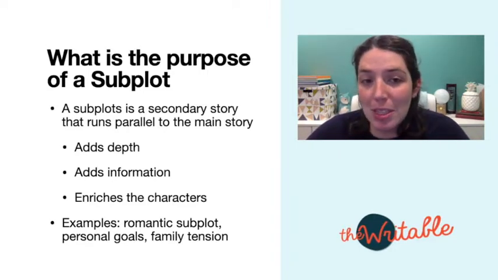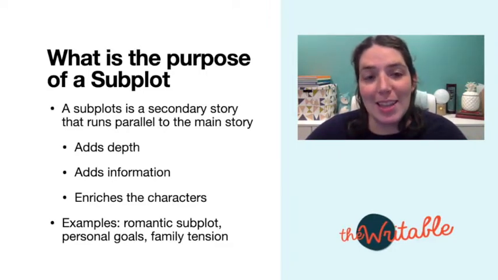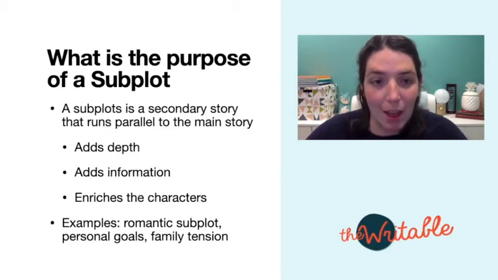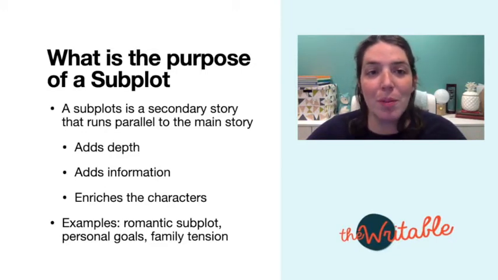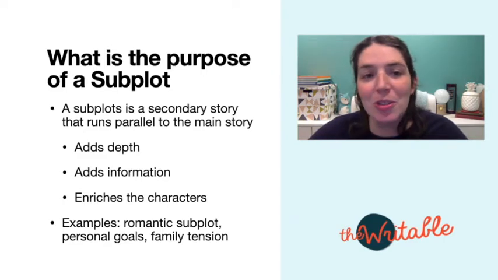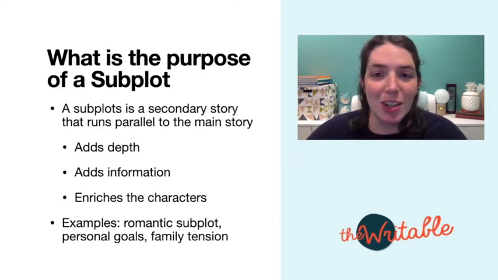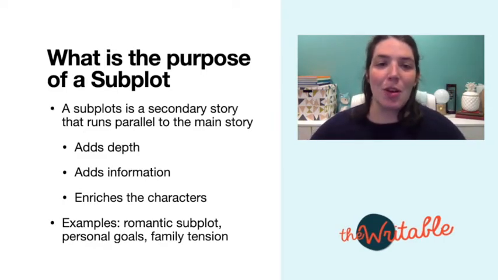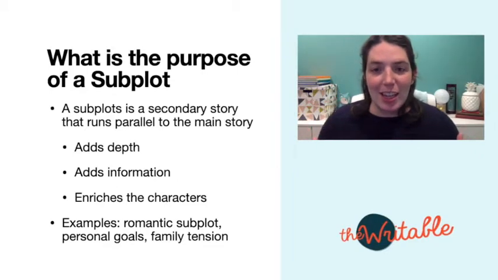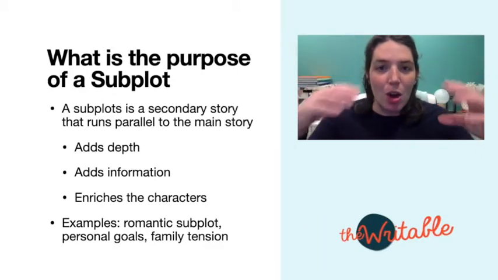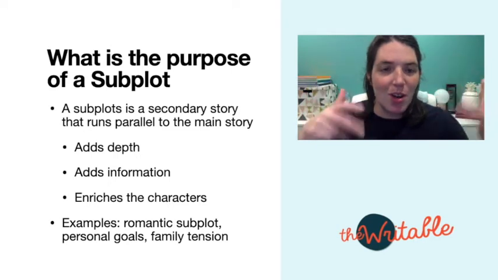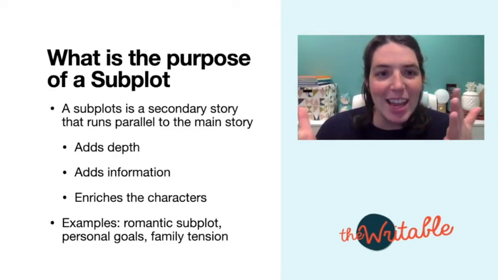Or maybe it's family tension type stuff. Maybe it's a mom and sister who are overbearing while this poor character is also trying to deal with the adventure. It's the main storyline, but then also this and also this and also this, and all of these complicating factors.